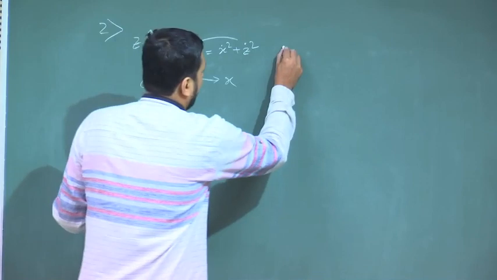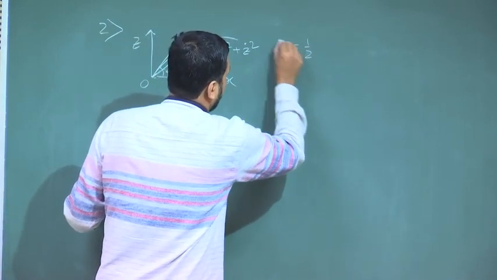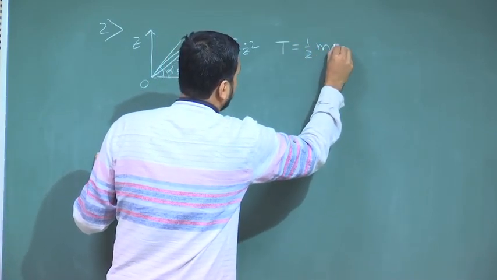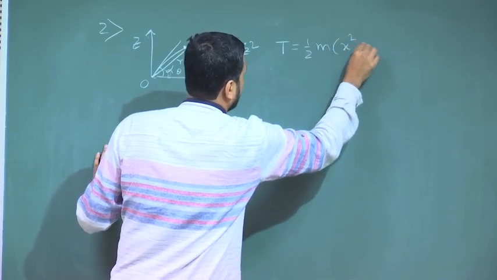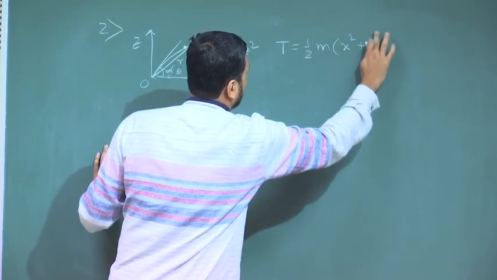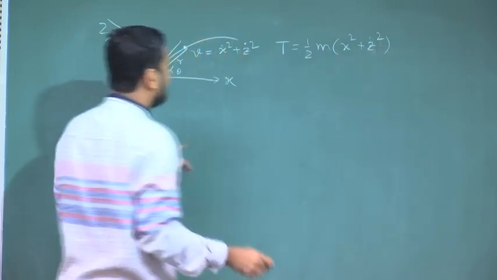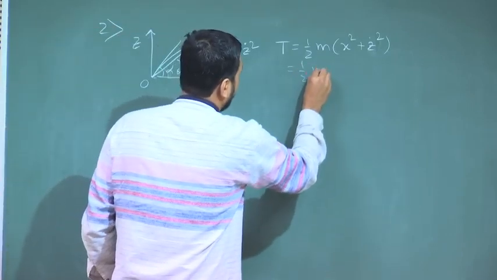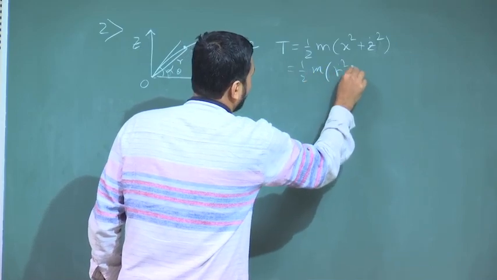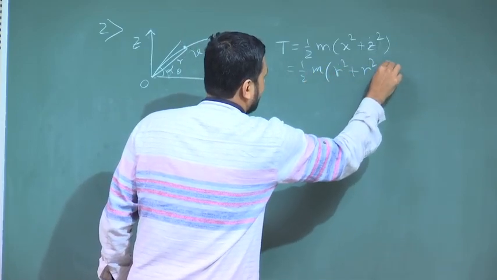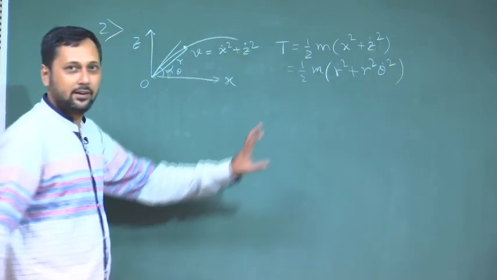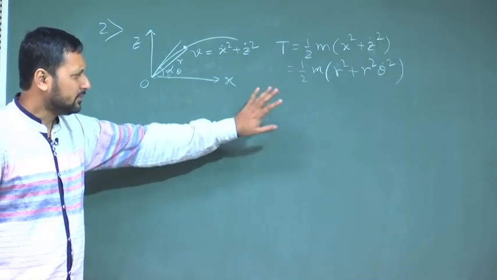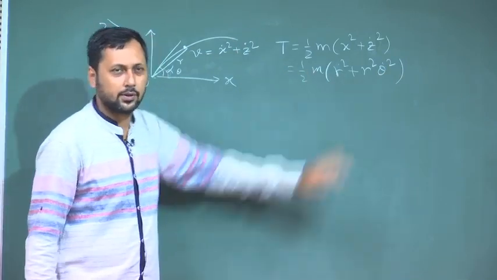Okay. So, kinetic energy T is given by half m v square, which will be x dot square plus z dot square. Now, if I write the same thing in polar coordinates, what will that be? Half m times r dot square plus r square theta dot square, is it not? I suggest you build up on this one.